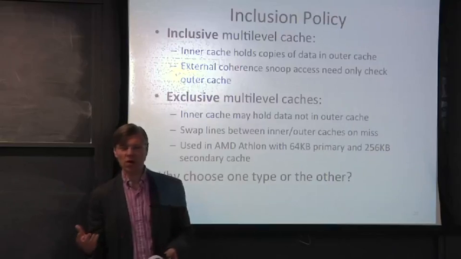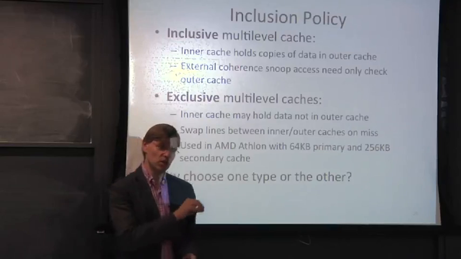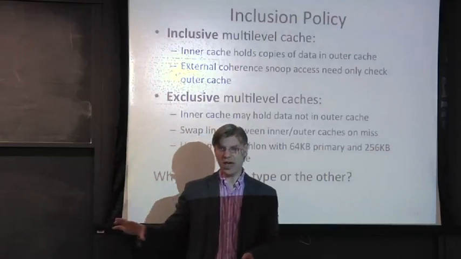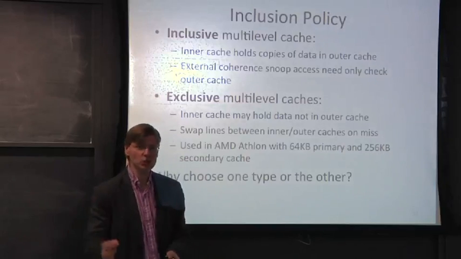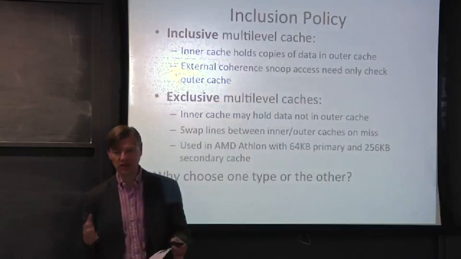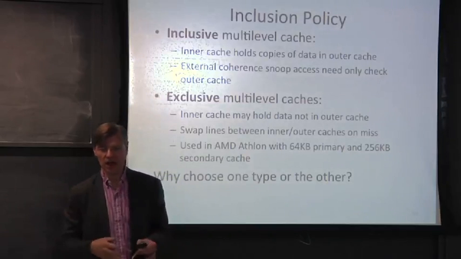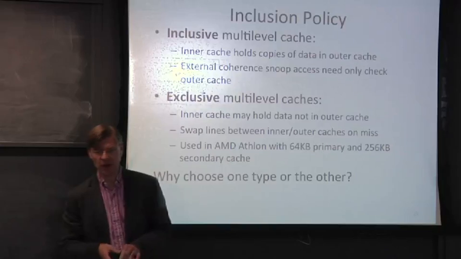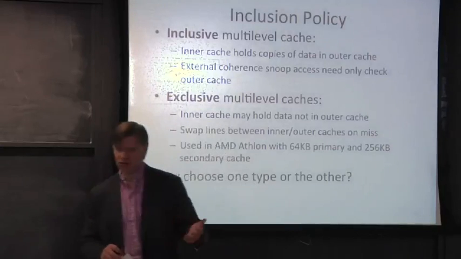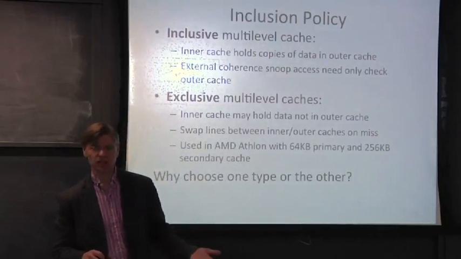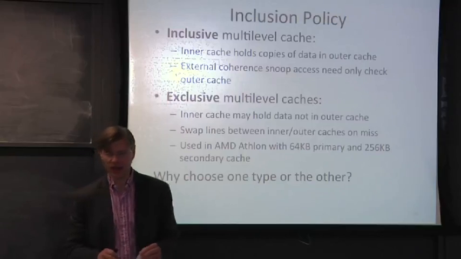We're going to call caches in which anything in a level 1 cache is also in a level 2 cache, or anything in a lower level cache is also in a higher level cache, an inclusive cache. So the inner cache holds copies of the data in the farther down cache, and the external snoop accesses only need to check the outer cache, as we were talking about before.